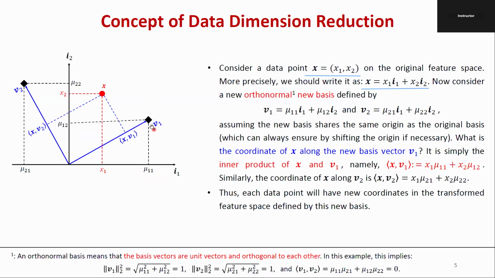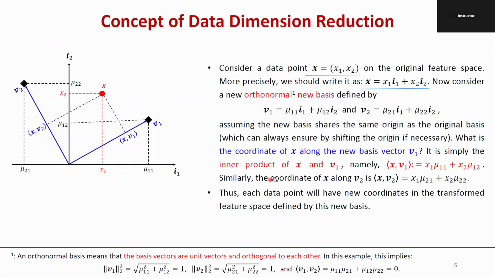Again, what I'm doing here is simply projecting each new orthonormal basis vector v1, v2 onto my original feature space and then getting their coordinates. That's it. Now the thing is, what is the coordinate of x along the new basis vectors v1 and v2? I know the coordinate of x along my old basis is x1 and x2, right?